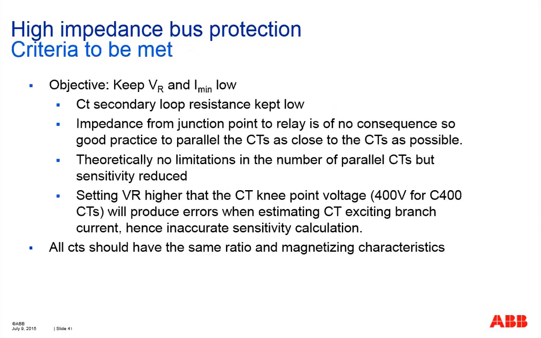Sensitive enough to operate. There are some criteria or reminders to note. One objective is to keep the voltage VR and IR low. Obviously, we want to keep IR as low as possible so your relay is as sensitive as possible.